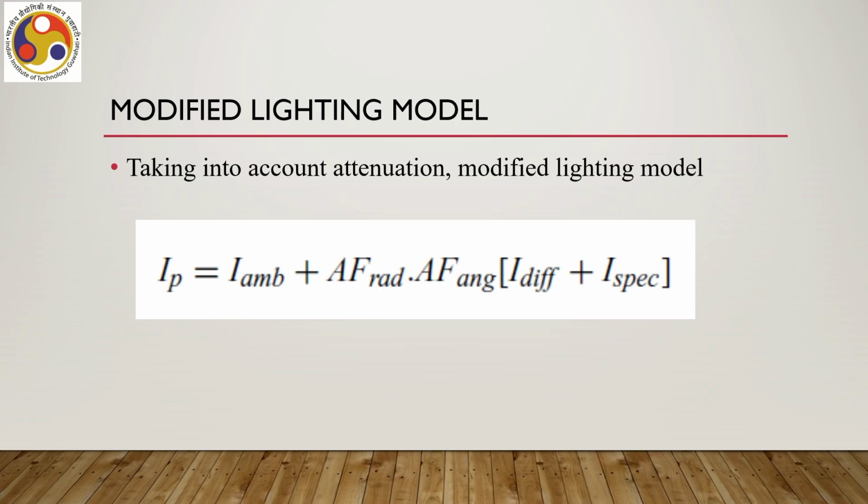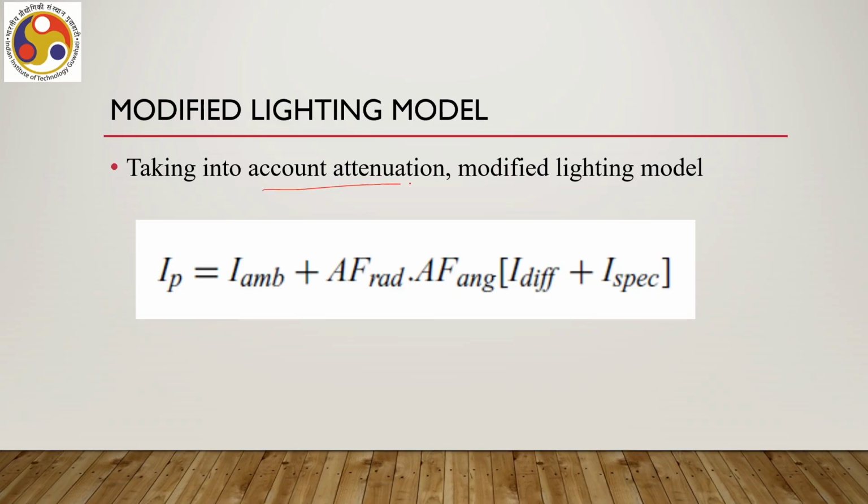So, if we take into account this attenuation factor, that is, the light source intensity changes based on the distance of the surface point from the light source, then we can modify the simple lighting model. Earlier it was simply IM plus ID plus I spec.